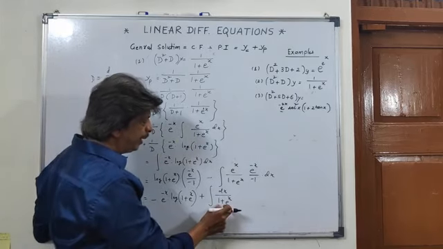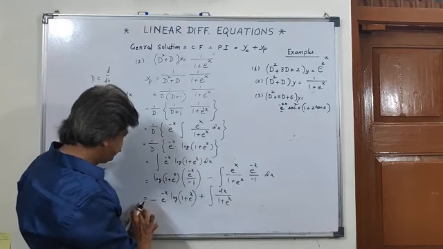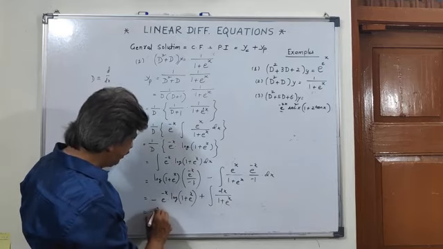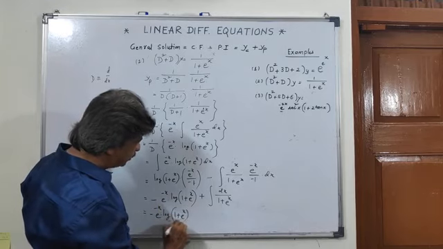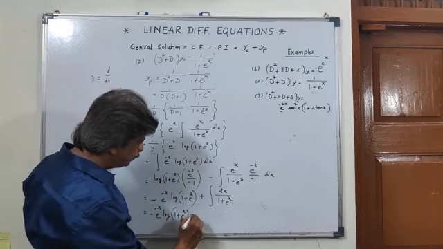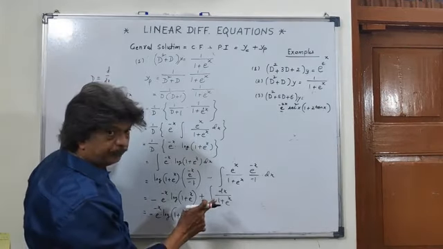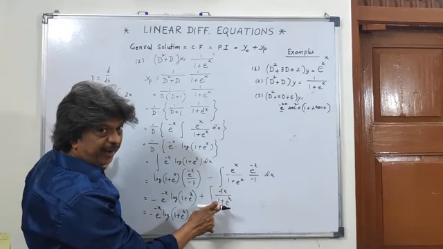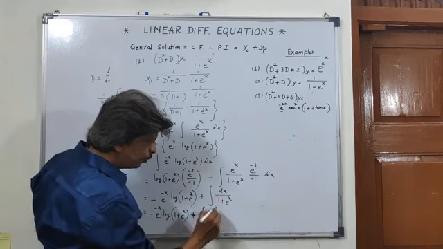Again, this is a very typical integral to integrate. This is further equal to minus e to the power minus x into log of 1 plus e power x plus, I am multiplying and dividing by e to the power minus x to this integral.